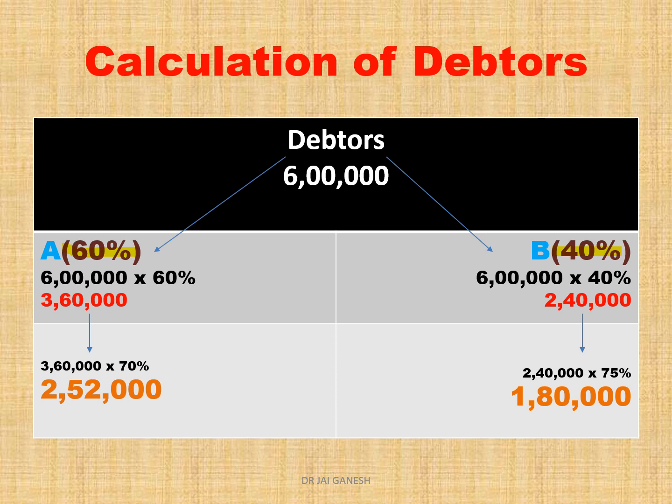So A took 3,60,000 of debtors, B took 2,40,000 of debtors.